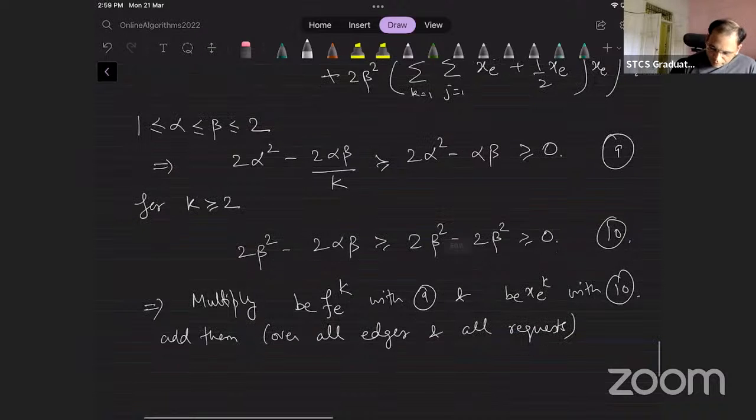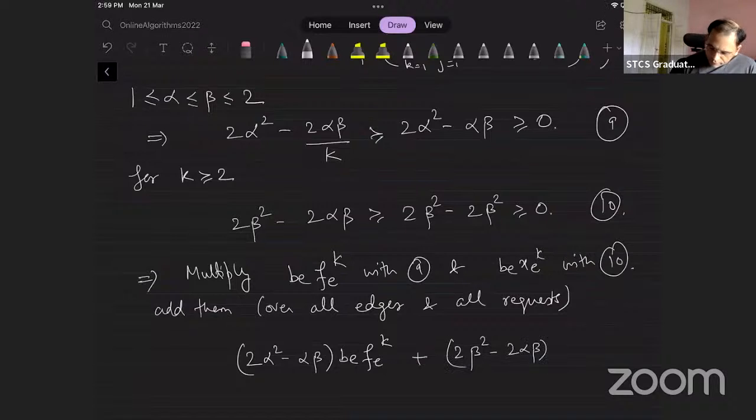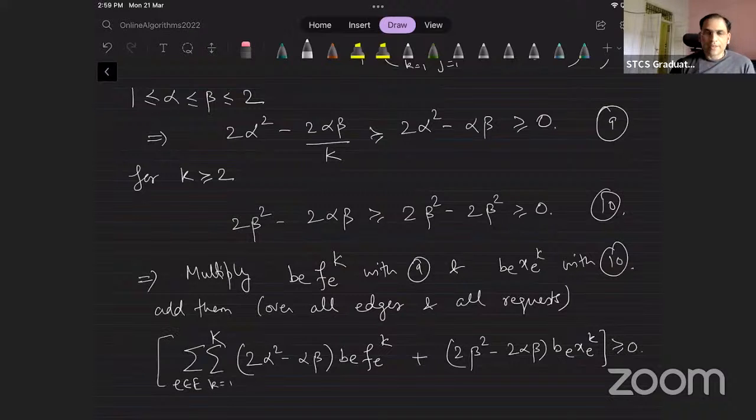So we get 2 alpha square minus alpha beta times b_e f_e^k plus 2 beta square minus 2 alpha beta b_e x_e^k summed over e in E and little k. And all this is greater than or equal to 0 from 9 and 10.